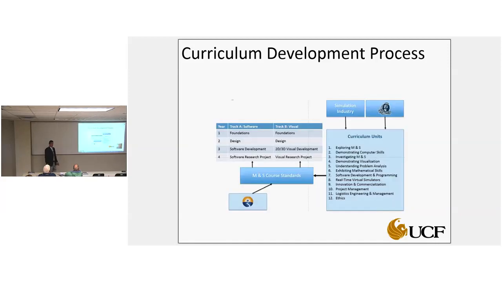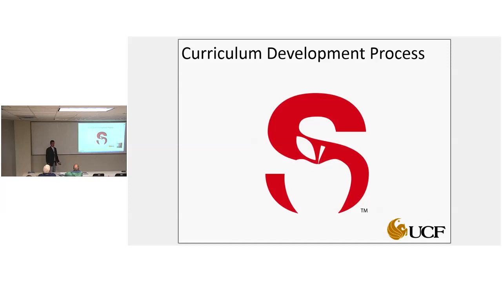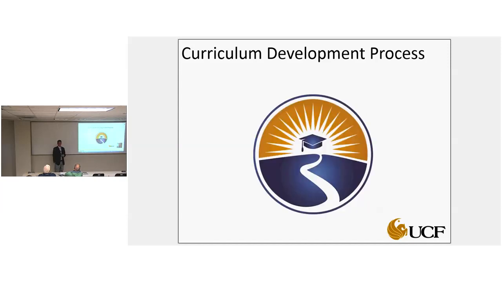Then the curriculum was modified and finalized, and Seminole County approved the curriculum in September of last year. Since then, it has gone to the State Board of Education, Department of Education, and it's currently undergoing the approval process there.